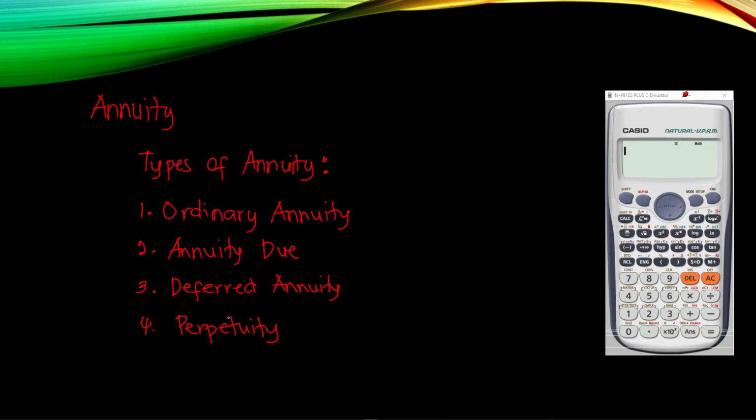Yung concept na ating gagamitin is P is equal to A times the summation of B raised to the power of negative X. Ito lang ang i-memorize natin. So, it doesn't matter as to what type of annuity siya na belong. As long as ipa-follow natin ito, then we're good to go.